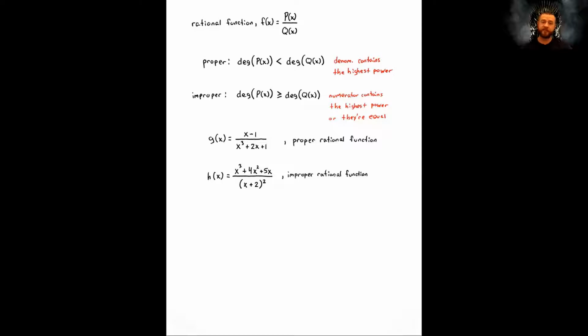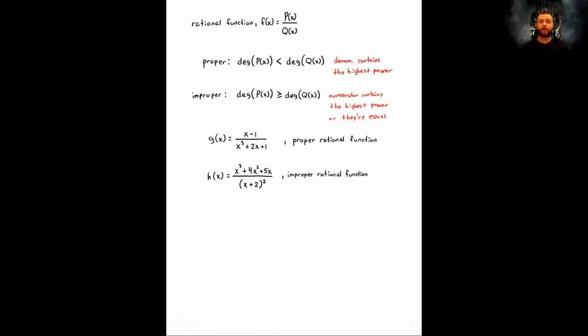Notice for h of x, the denominator is written as (x squared plus 2) squared. Hopefully you can see, if you were to multiply that out, the highest power of x would be x to the fourth. So this one's improper. The numerator of h is a degree 3 polynomial. The denominator of h is a degree 2 polynomial. All pretty simple.